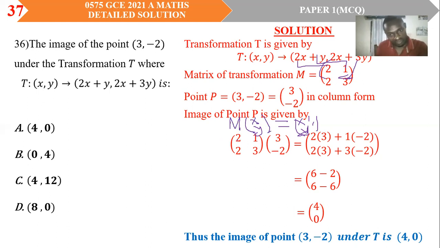So now the matrix is 2, 1, 2, 3. The point is 3, -2. So the image will be obtained when we multiply this matrix.